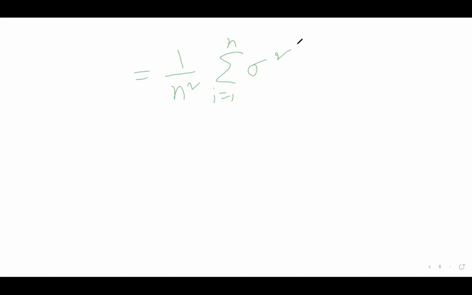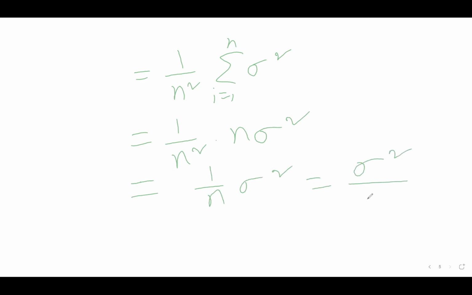How many sigma squares do we have here? We have n number of sigma square and we are adding them together, so it will be 1 over n square times n times sigma square. Now we have n square here and n in the numerator, so we can cancel out one n, then it will be just 1 over n sigma square, or you can just write sigma square over n.